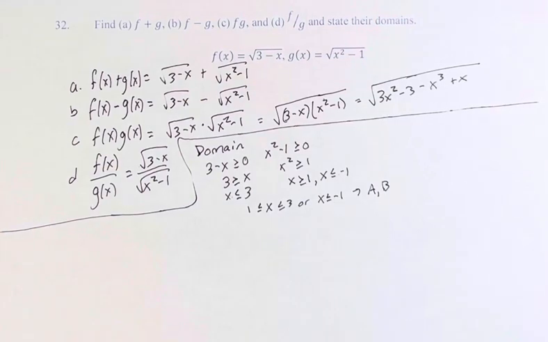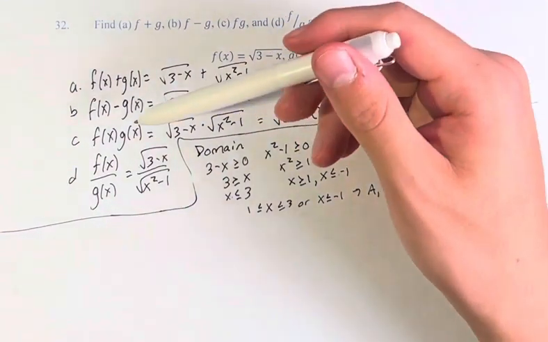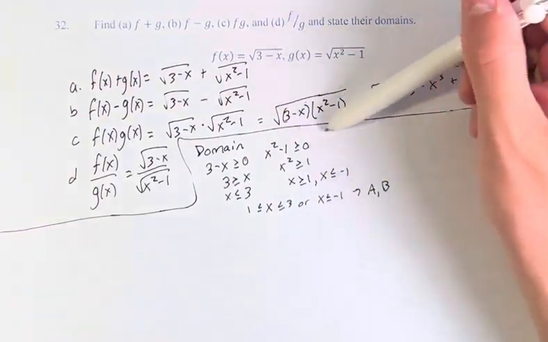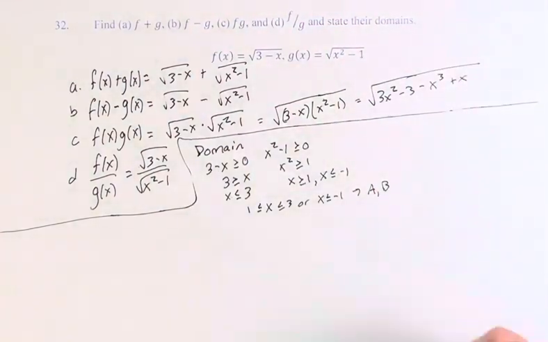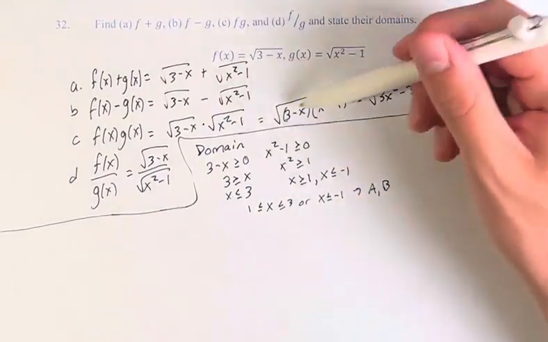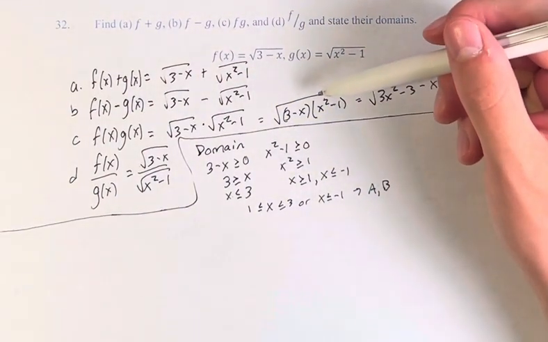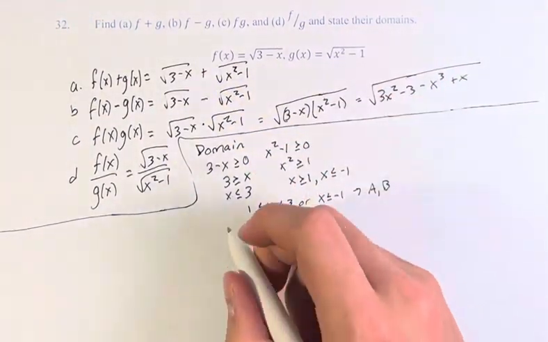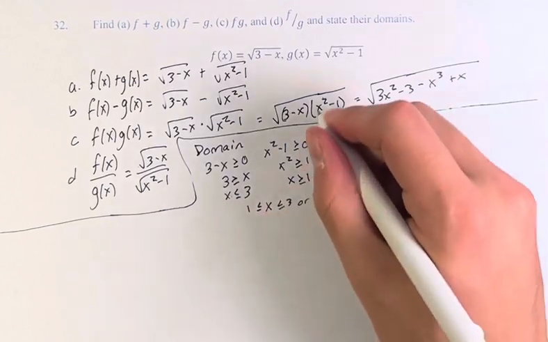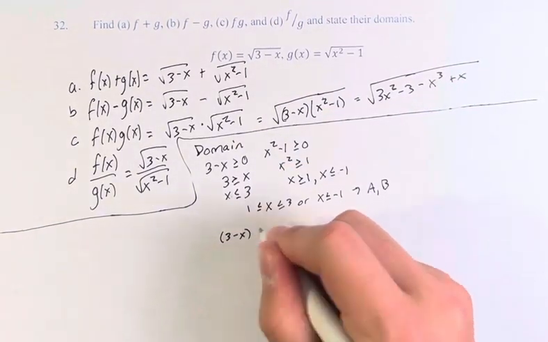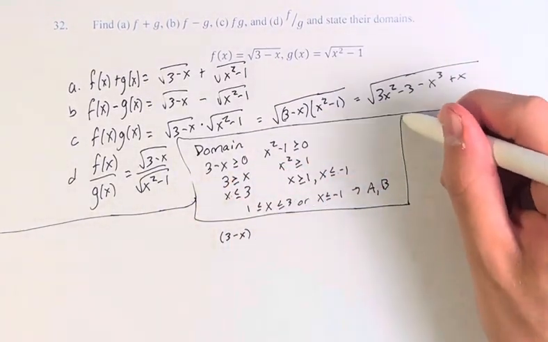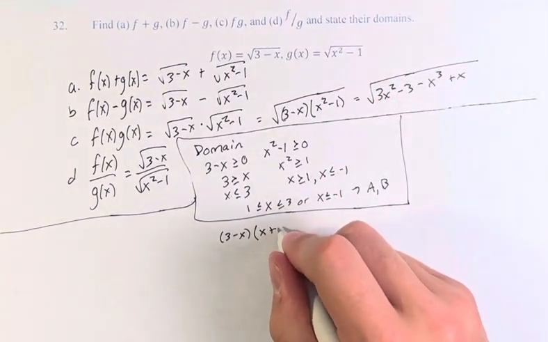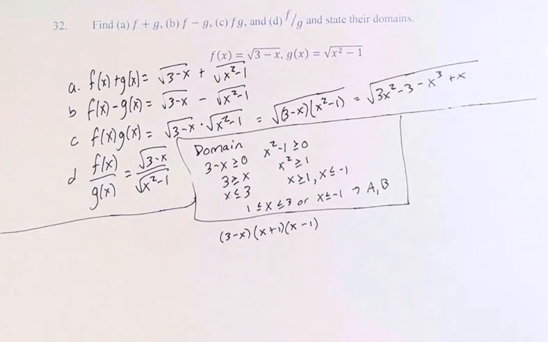For c, it is a little bit more complicated. So we have 3 minus x times x squared minus 1. What we're going to do is find where this is greater than or equal to 0. I'll make this a separate section: 3 minus x times, this is a difference of two squares, x plus 1 times x minus 1.